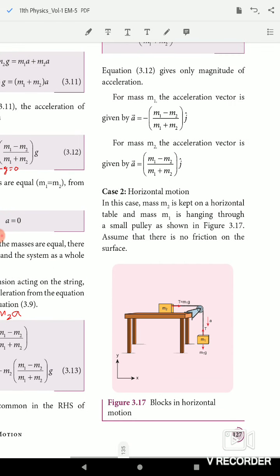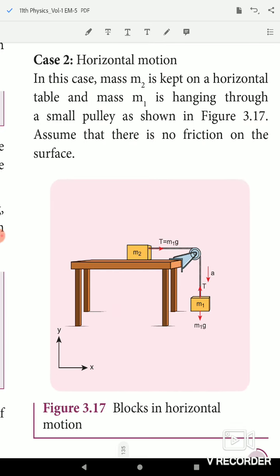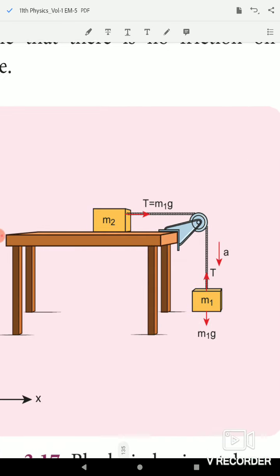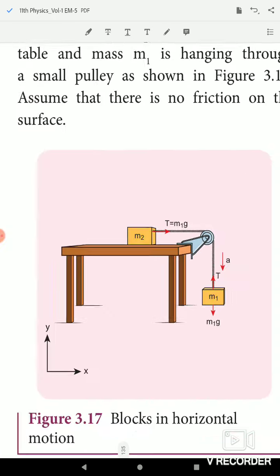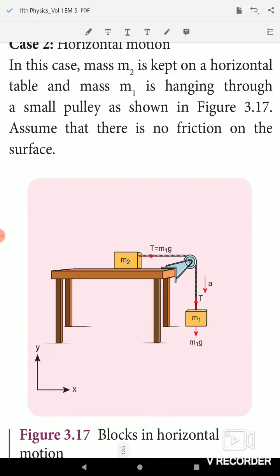Then next case is horizontal motion. In this case, mass m2 is kept on a horizontal table and mass m1 is hanging through a small pulley. Okay, so in this there is no friction on the surface.